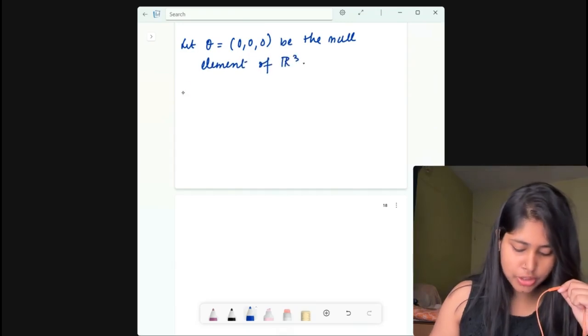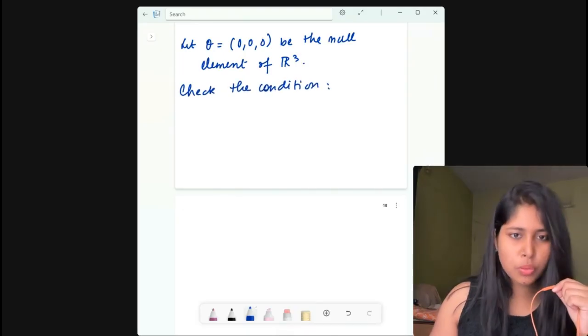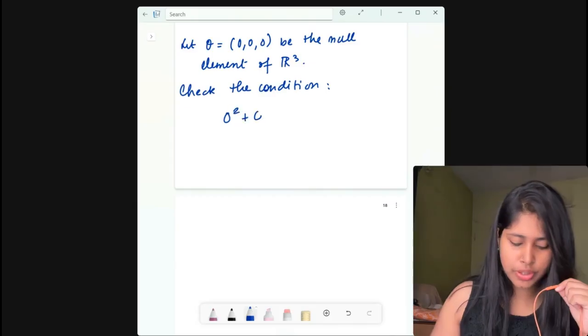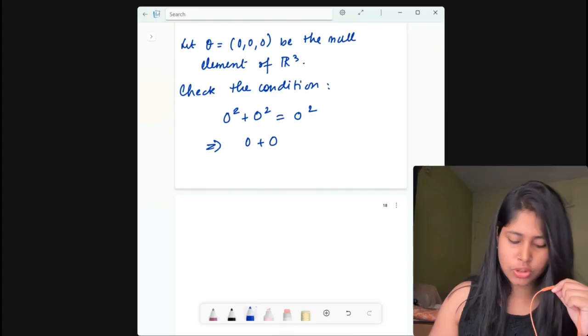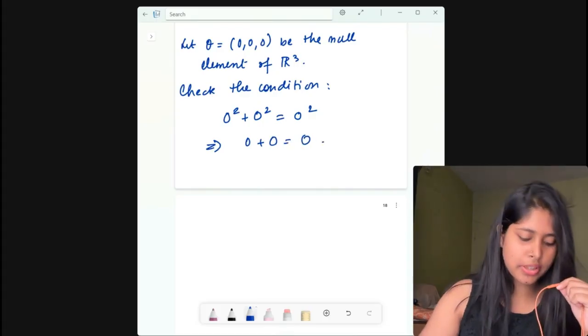If we check the condition, we get 0 square plus 0 square is equal to 0 square, which basically means 0 plus 0 is equal to 0. So this condition holds.